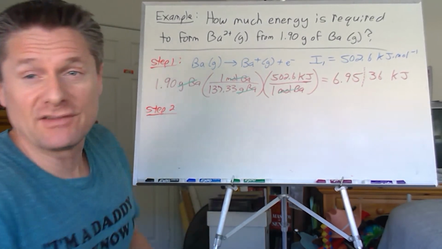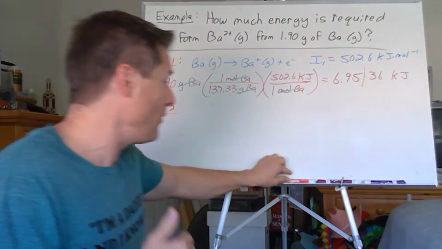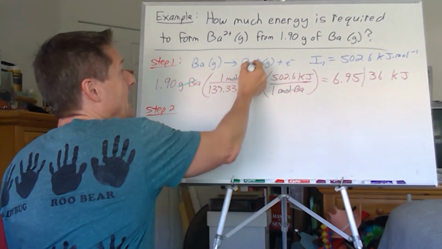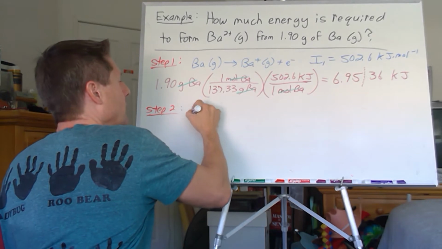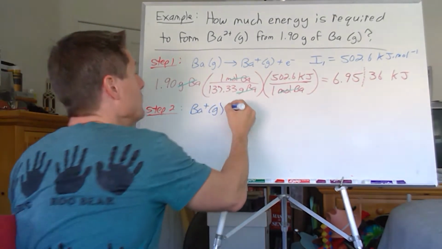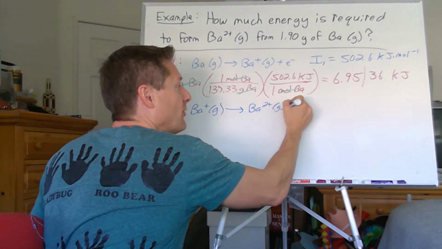Now this would be much easier if it was an alkali metal. We'd be done because you only remove 1 electron. Woohoo! That'd be no fun, would it? So here we're taking the barium ion with the +1 charge, removing an electron to form the barium +2, which is where it prefers to be.